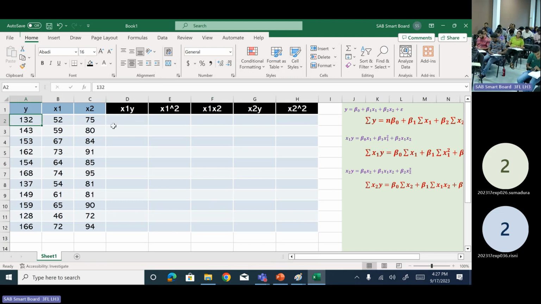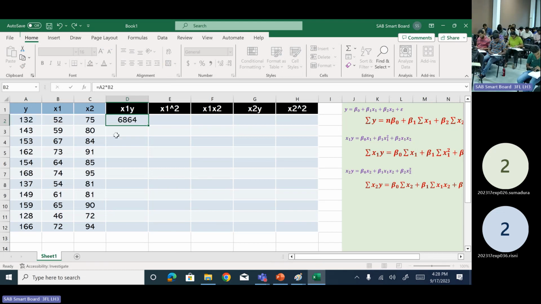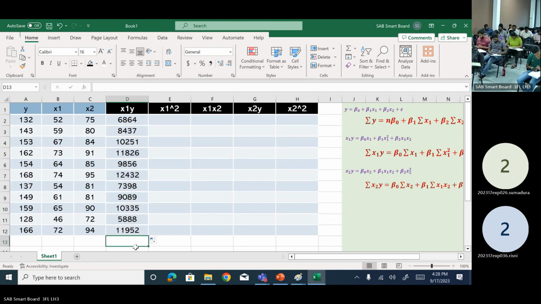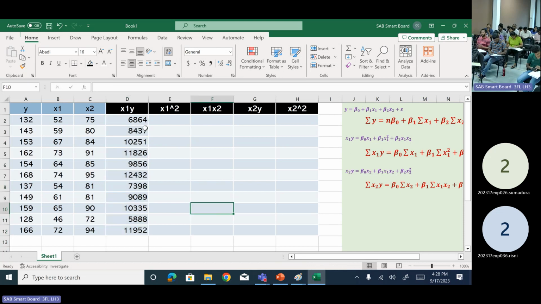X1, y. So values will be rather big values, but don't worry. X1, y. 132 into 52. 143 into 59. So likewise, you get all the values. Put it that way, then it is easy.